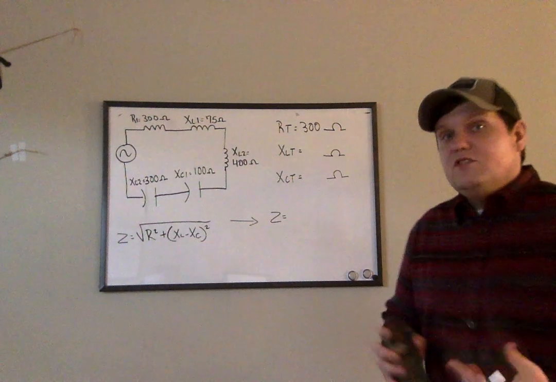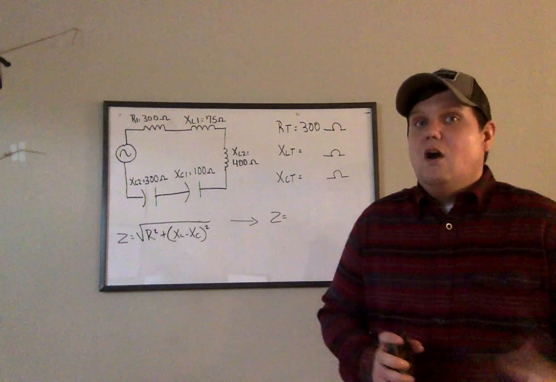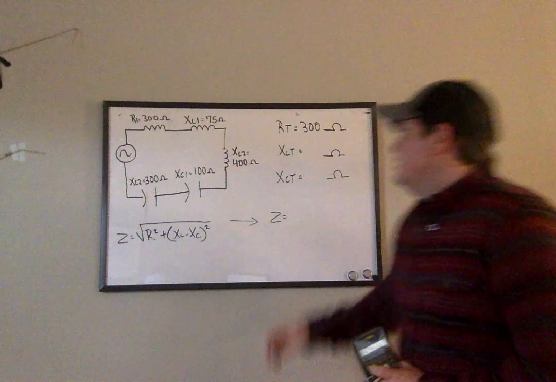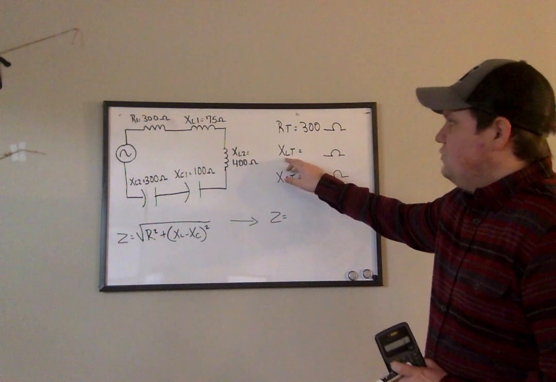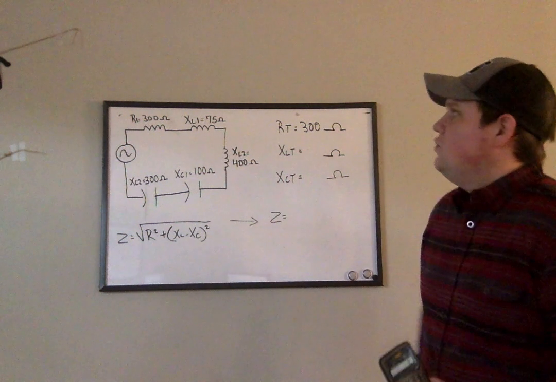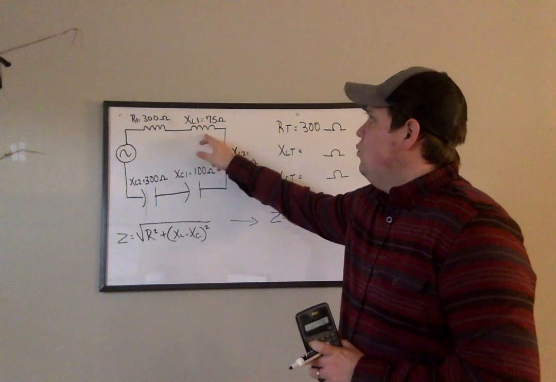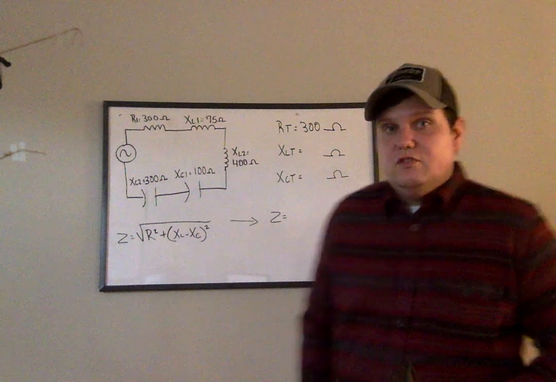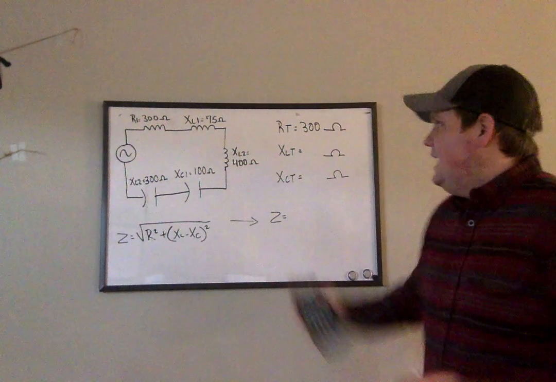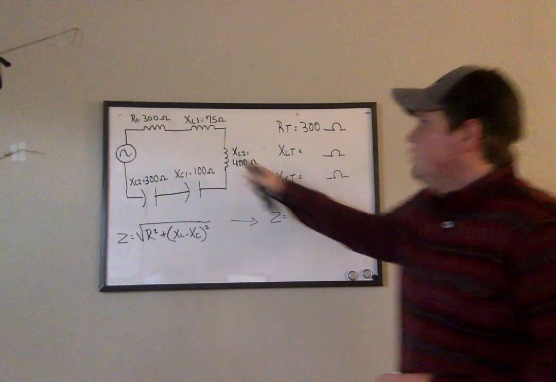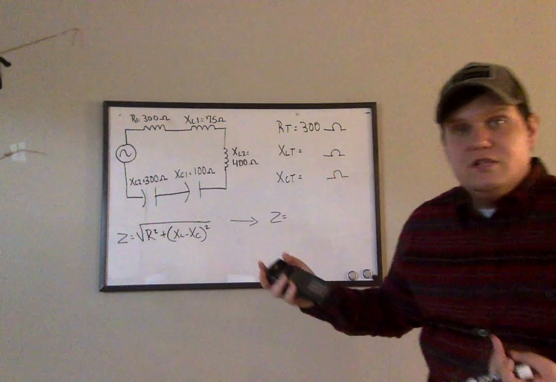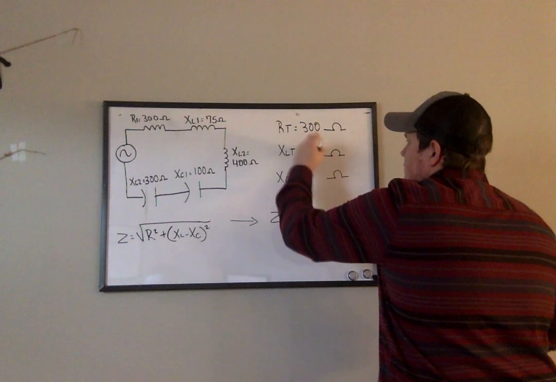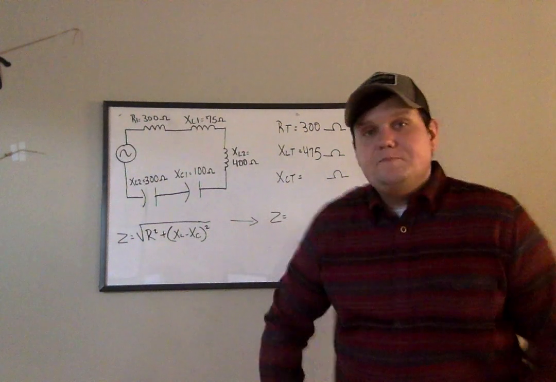Alright, so our rule for series circuits with resistance and ohms is they simply just add up. So to find my XL total, my inductive reactance total, I have an XL1 of 75 ohms and an XL2 of 400 ohms. Okay? So my XL total is going to be 475 ohms. Okay?